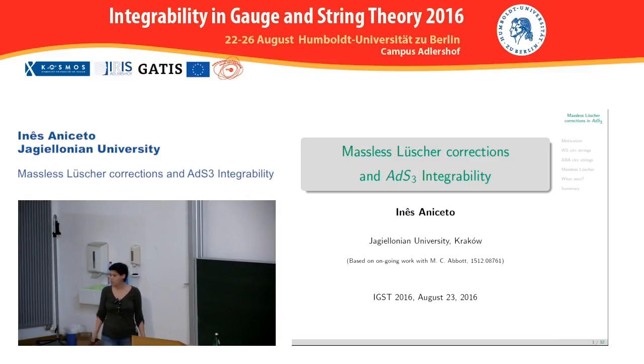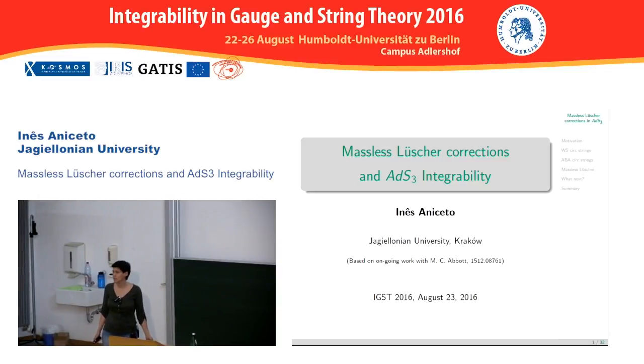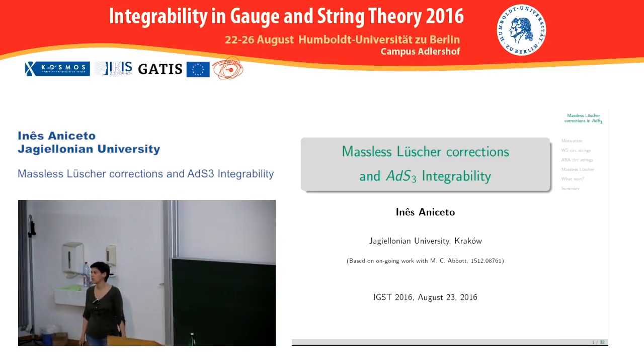The worldsheet calculation is actually correct, but the Bethe ansatz needs to be implemented with some corrections, which are finite volume, and typically in other cases of AdS/CFT, they're exponentially suppressed, but because we have massless modes in AdS3, they stop being exponentially suppressed. So this is basically what my talk is going to be.